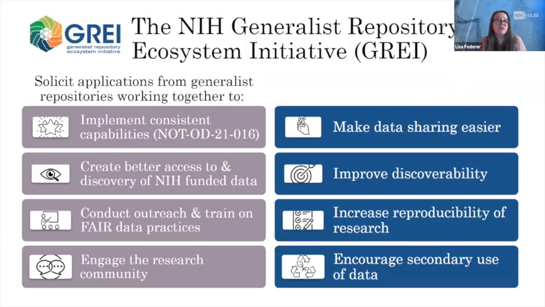I'll also briefly mention GREI, the Generalist Repository Ecosystem Initiative, which is a funding activity that NIH undertook about a year ago. This has brought together generalist repositories to work together on implementing consistent capabilities and basically making it easier for people to share and find NIH-funded data.